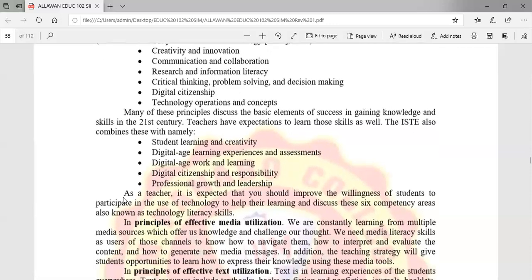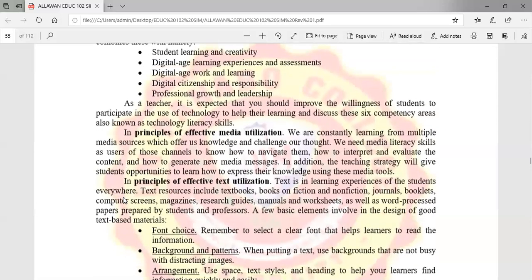Next are the principles of effective media utilization. From the word media, we are constantly learning from the multiple media sources which offer us knowledge and challenge our thoughts. Those are visual media, audio media, or print media.